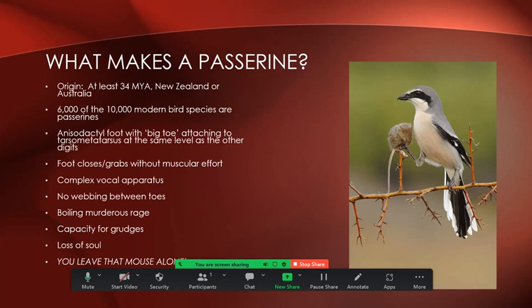Of course, we have that present in the parrot family as well, but in passerines, it's even a little bit more complex than that, enabling them to make an extremely wide range of very complicated sounds, which is why we give them their other name, the songbirds. There's no webbing between the toes. They have a boiling murderous rage, a capacity for grudges, and the loss of a soul.